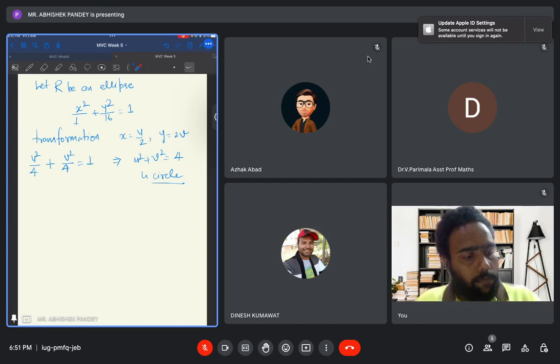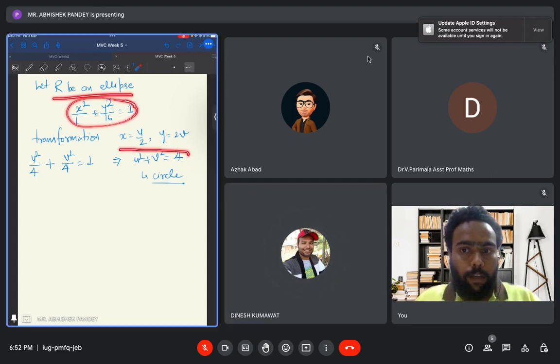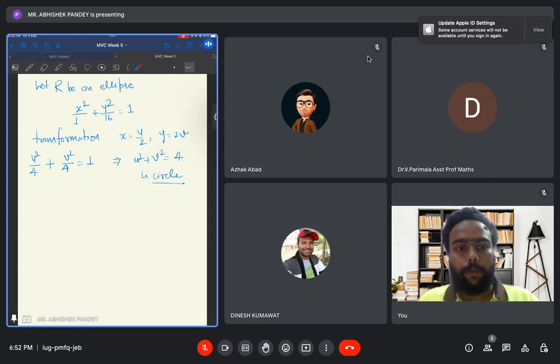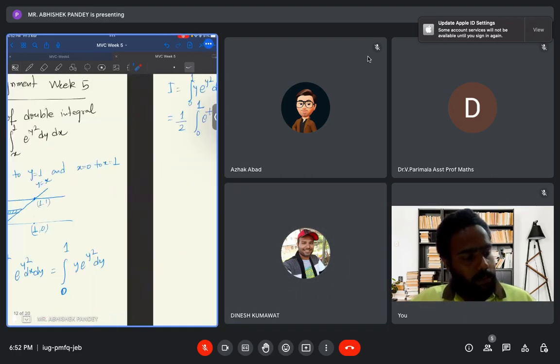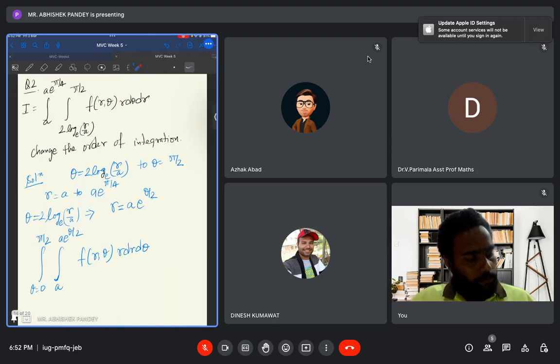Like in this case, if you take the region as an ellipse and take this transformation, this ellipse will change into a circle. So in elementary objects like ellipses, circles, rectangles, it is easy to see geometrically how the region is getting changed. But in this case things are complicated. So you need to restrict yourself to do this by hand only.